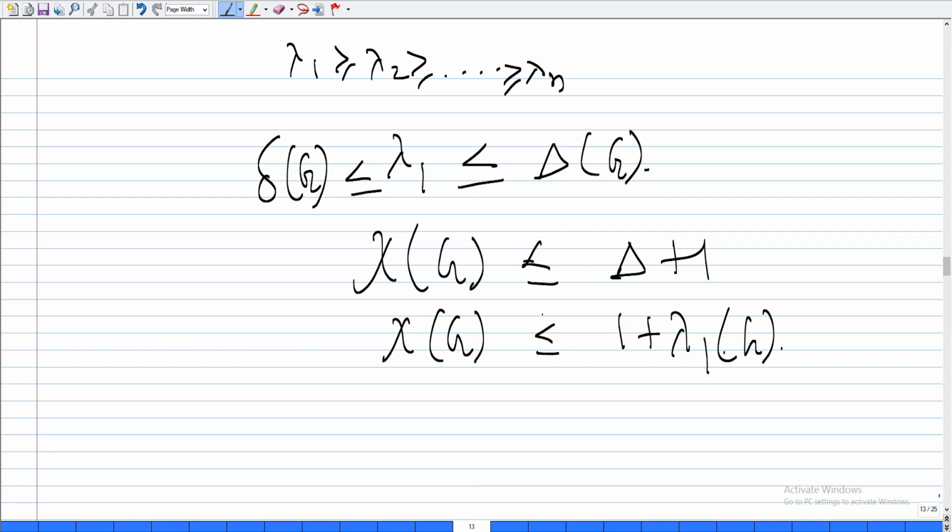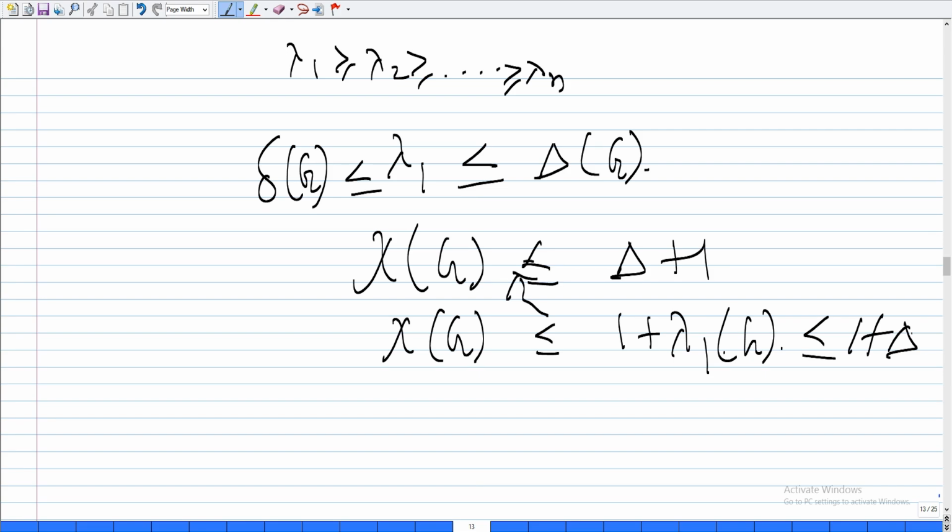In fact, it need not be delta plus 1, it could be less than or equal to delta also, 1 plus lambda 1 of g. So, these are something about the largest eigenvalue.